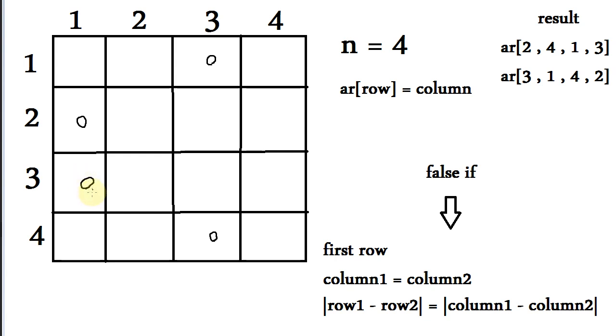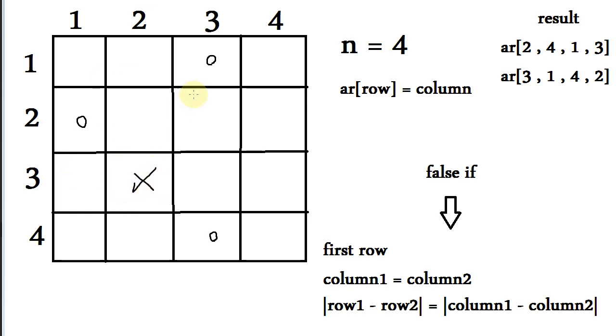It places the queen in here, and it checks from top to bottom. It checks from the first row with this queen and sees that it is diagonal, so it gets a false, and it cannot put it here.